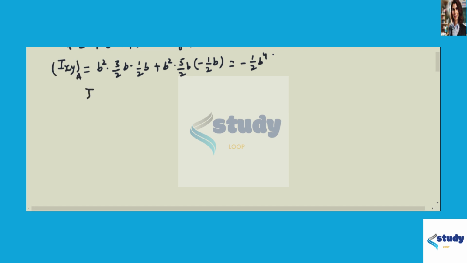Now in terms of mass, minus 1 by 4 rho b to the power 4. Sorry, this is 1 by 4, let me correct it first.